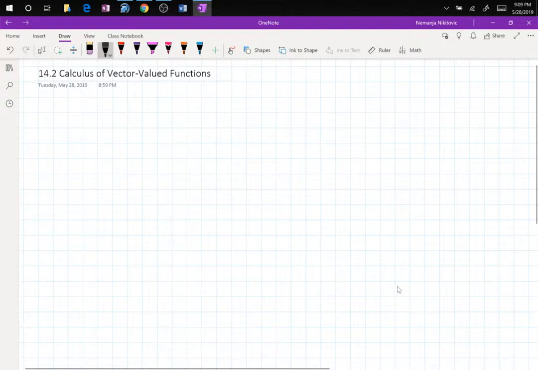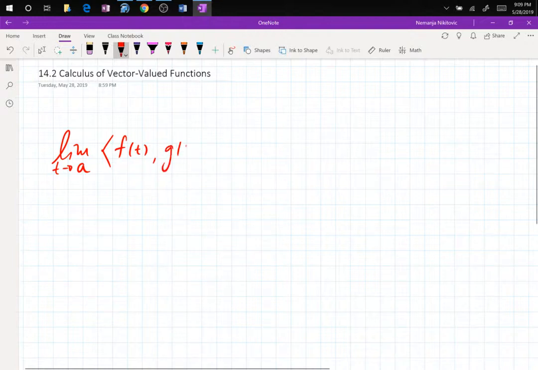So if you are applying the limit as t goes to a of f of t, g of t, h of t, you will get the vector of limits.